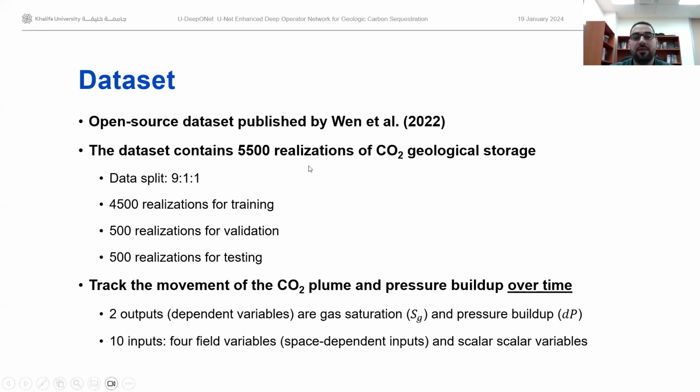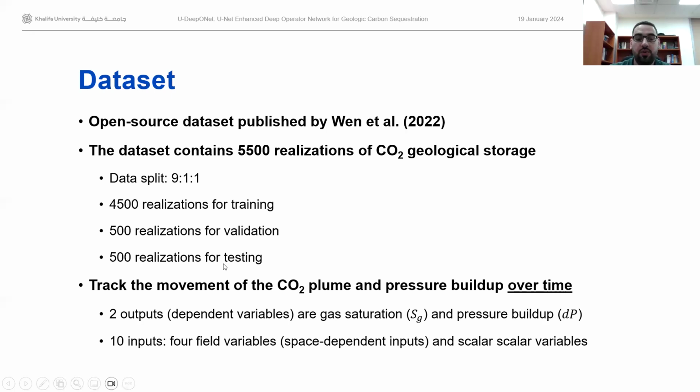The dataset consists of 5,500 realizations, so it's quite comprehensive. It contains 4,500 realizations for training and 500 realizations each for validation and testing. By realization here, we mean one instance of the PDE where the parameters vary from one realization to another.